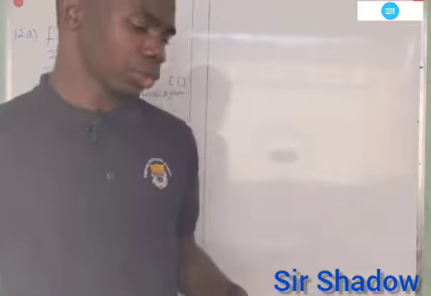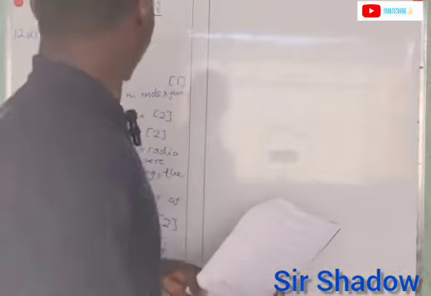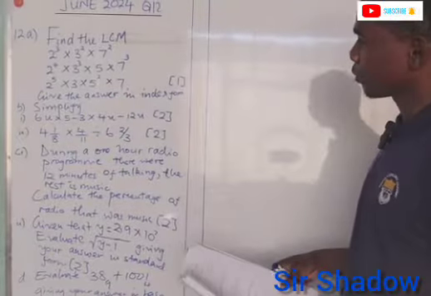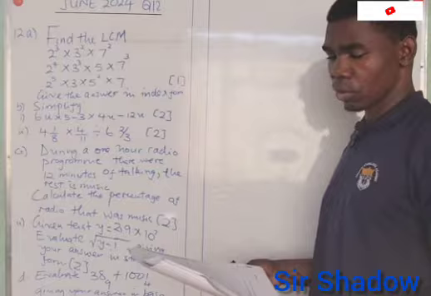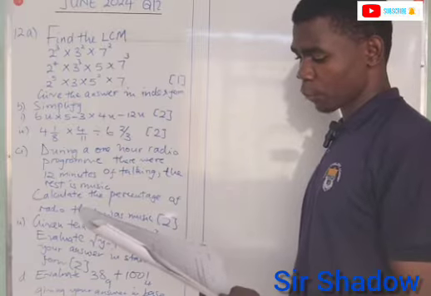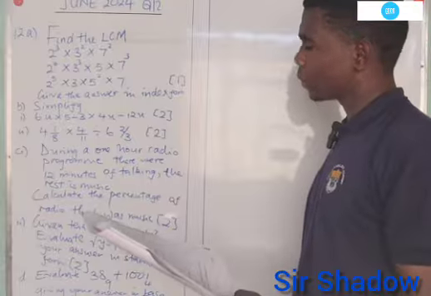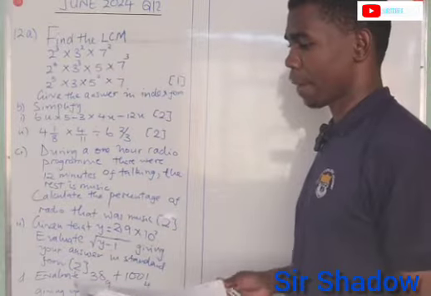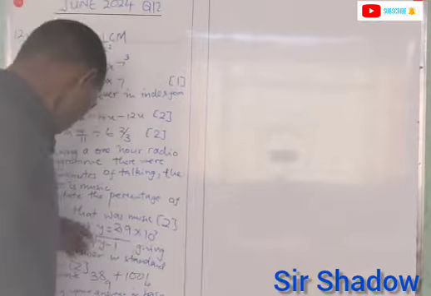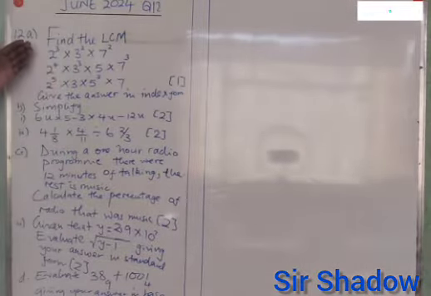From this June 2024 question, given those questions, the first question asks you to find the lowest common multiple, the LCM.